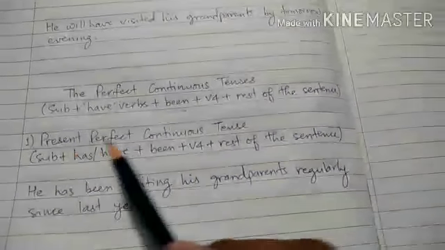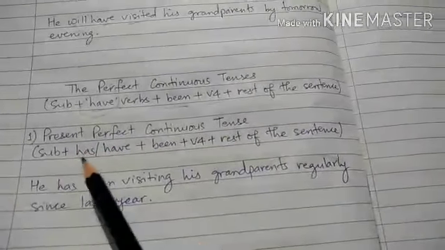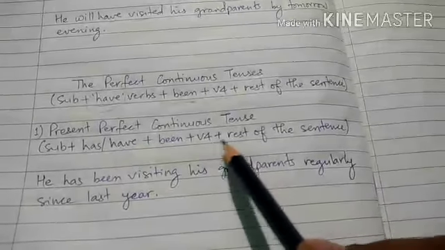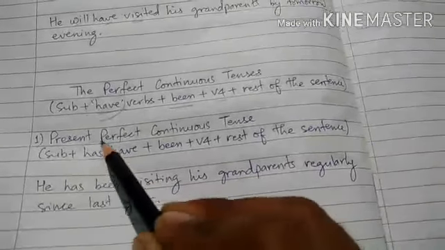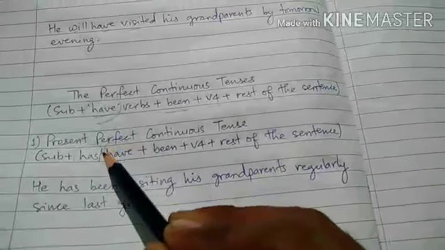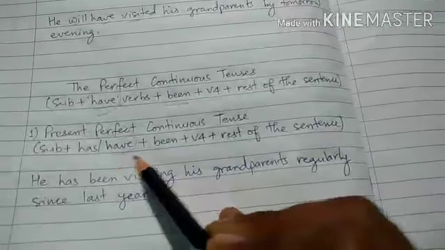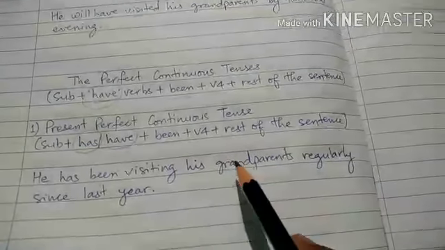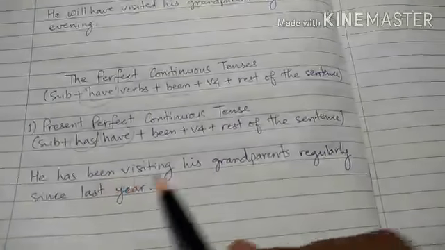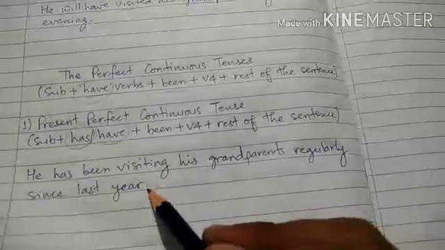See here, present perfect continuous tense: subject plus has or have plus been plus V-ing plus rest of the sentence. If the subject is singular, we have to use has. If the subject is plural, we have to use have. Okay, after that, been plus V-ing plus rest of the sentence. Like he has been visiting his parents regularly since last year.